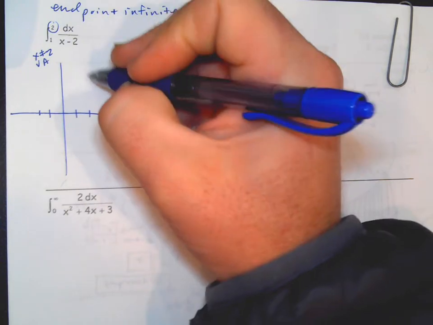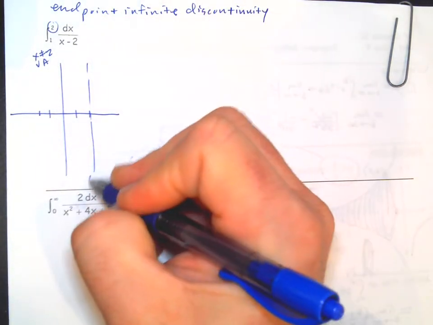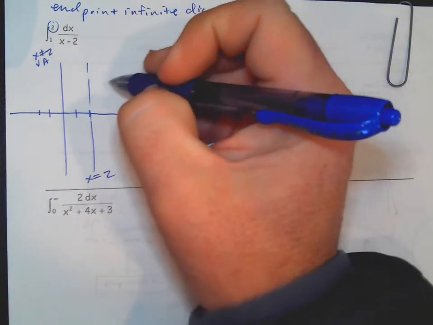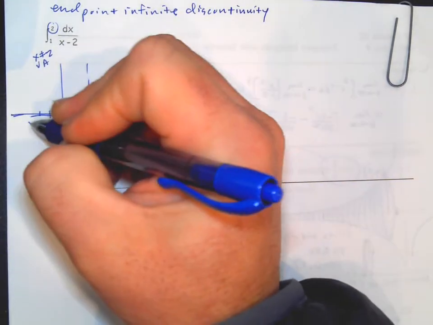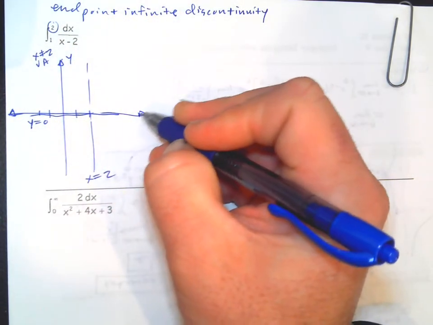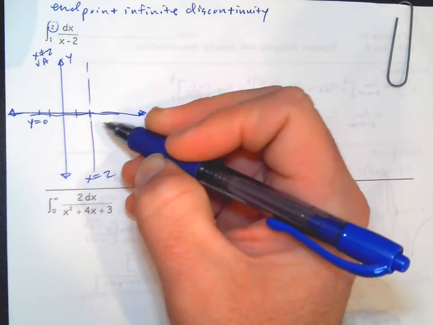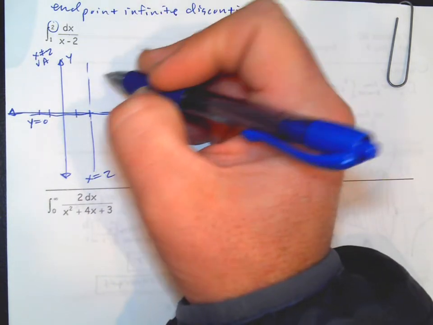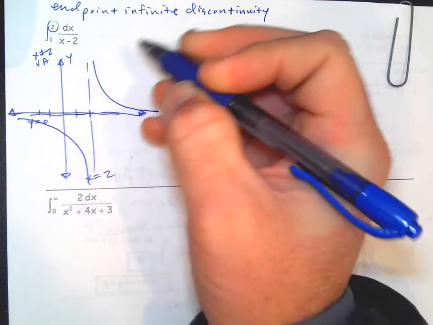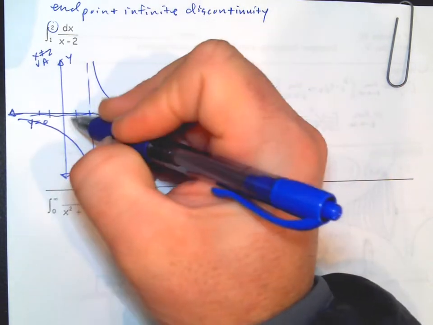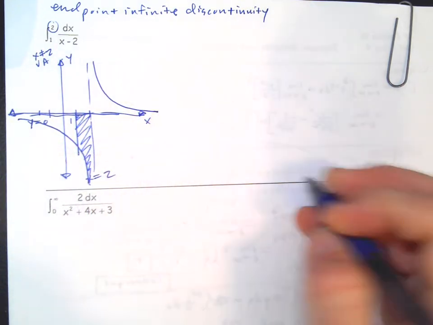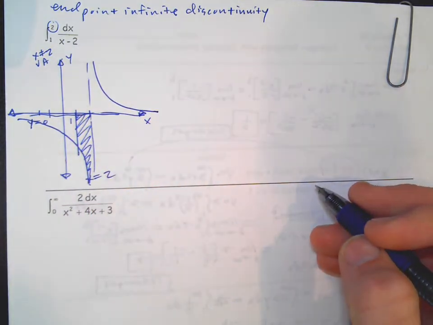This one's at the edge, though. So x equals 2, and y equals 0. The graph looks like this, and it looks like this. So we're integrating from 1 to 2. We're integrating this sliver of the graph. Now we should get a negative answer, right?